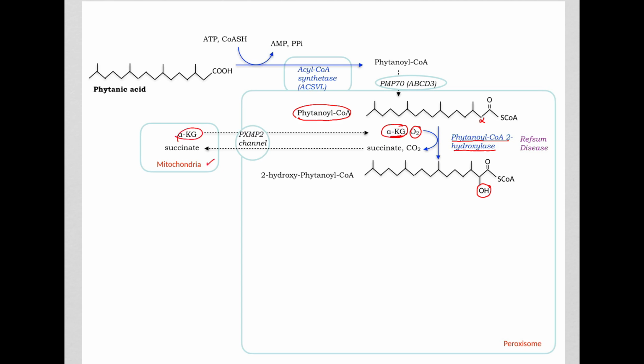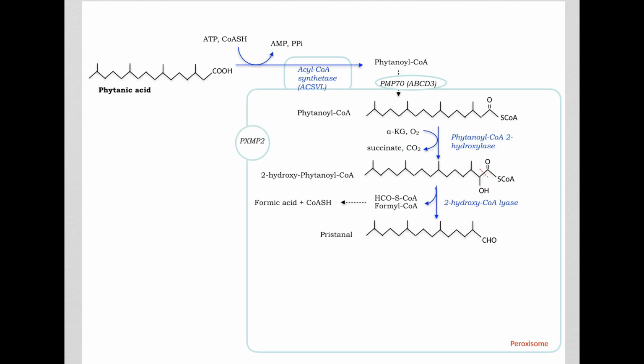Carbon dioxide is formed, and succinate is also formed, which is transported out of the peroxisome through a channel in the peroxisome membrane called the PXMP2 channel. We also form 2-hydroxyphytanyl-CoA. So the alpha carbon has an OH attached to it and therefore is oxidized. That's why we call this alpha-oxidation.